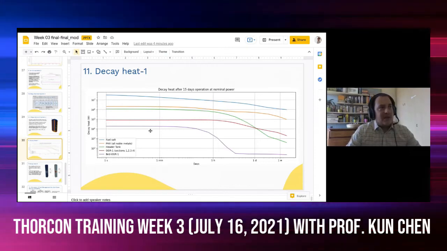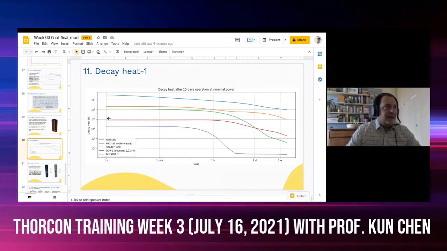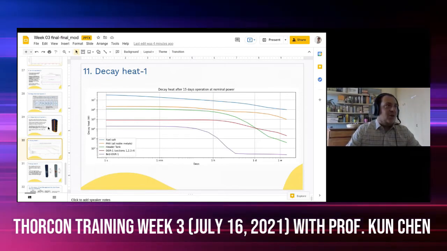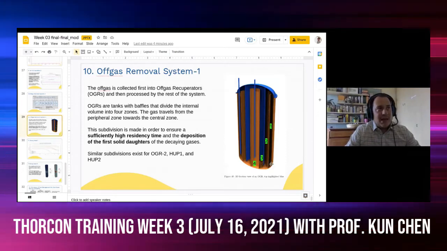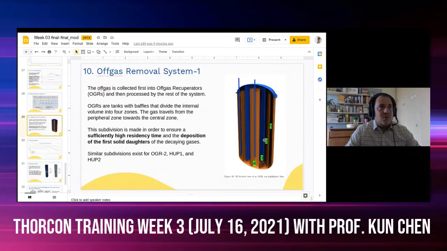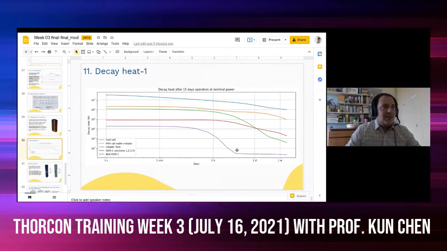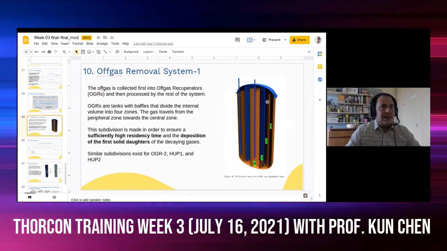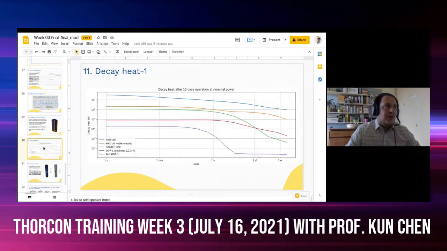The other off-gas components have very small decay heat. Here in the OGR, we are summing up the four main sections that behave as plug flow, so sections 1, 2, 3, and 4, and also the OGR, but considering not the gaseous volume, but what has been plating out due to decay.